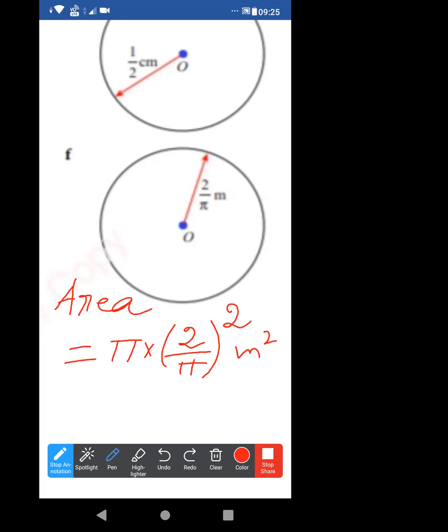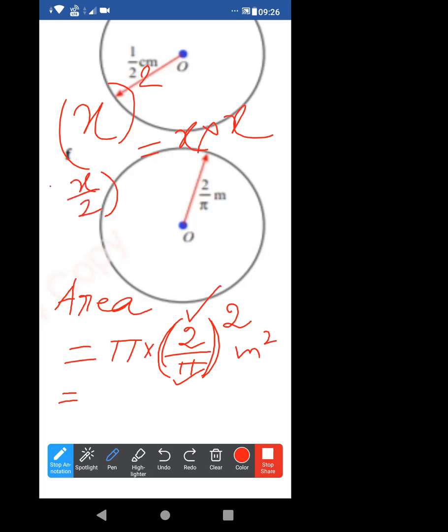Now just look here, very carefully. 2 by pi, that is whole square, means there will be 2, 2 and pi, pi. Suppose x by 2 whole square means what? x into x by 2 into 2.